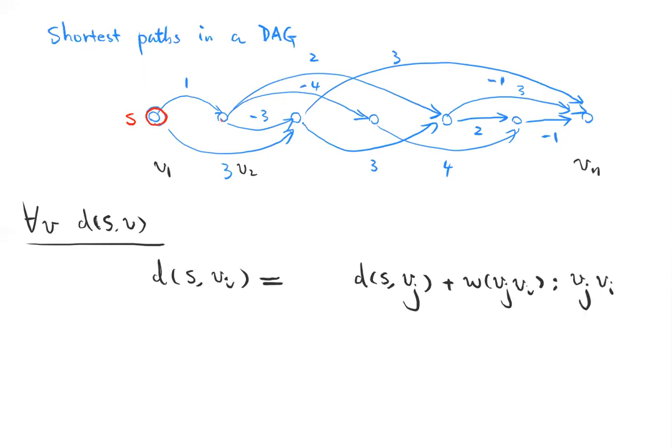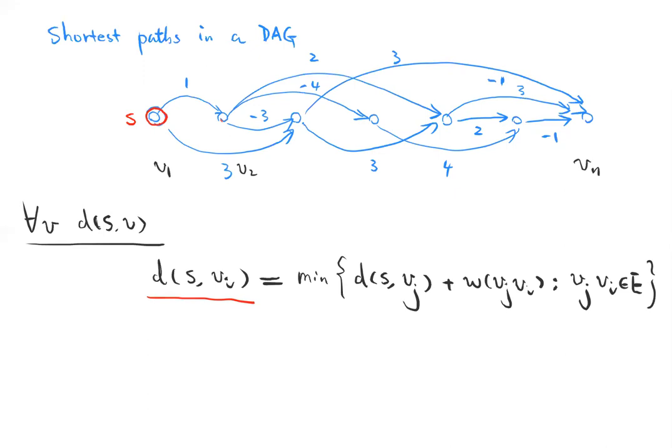That's the recurrence relation for computing the distance from S to vertex Vi.